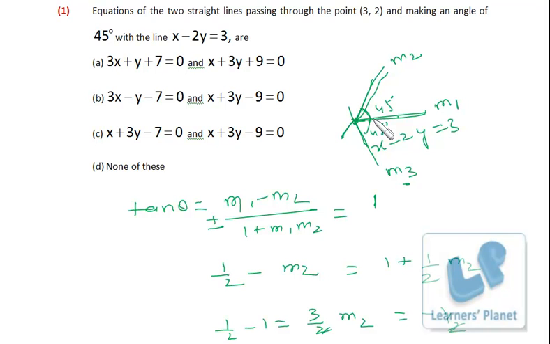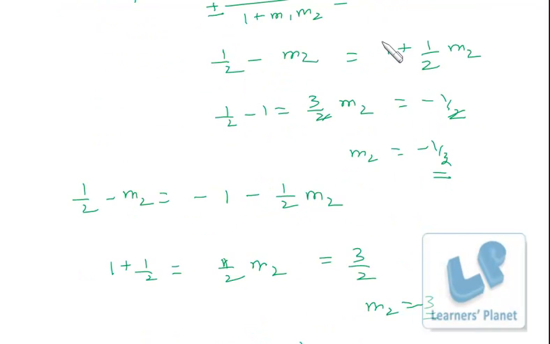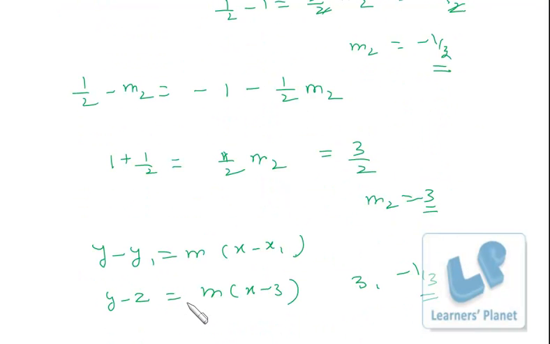This is making an angle of 45 degrees with this line, whose equation is already given, x - 2y = 3. This angle is 45 degrees, and this angle is 45 degrees. Using the angle formula between two lines, we got the slopes of the two lines, and since we already know the point, we just use the one point form to find the equations of the lines.